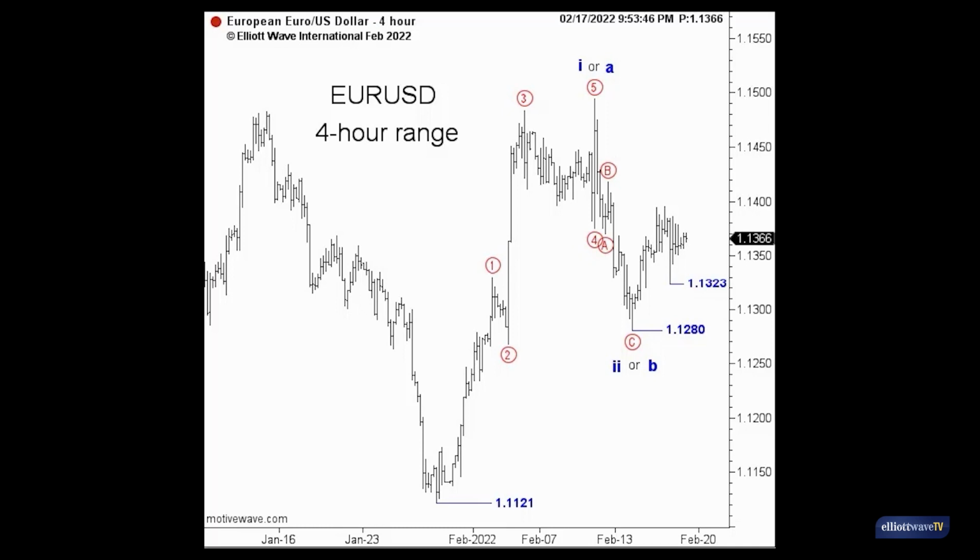But the wave principle goes further than that, because it also gives us an idea, now that we have this reversal sequence in place, of where euro dollar should go, how it should advance from here, and where it might head to, target levels above the market.